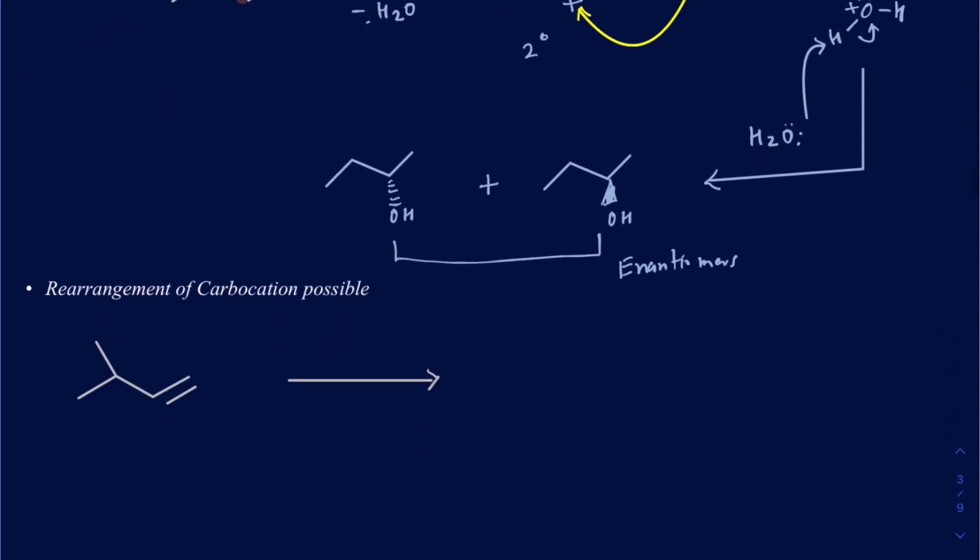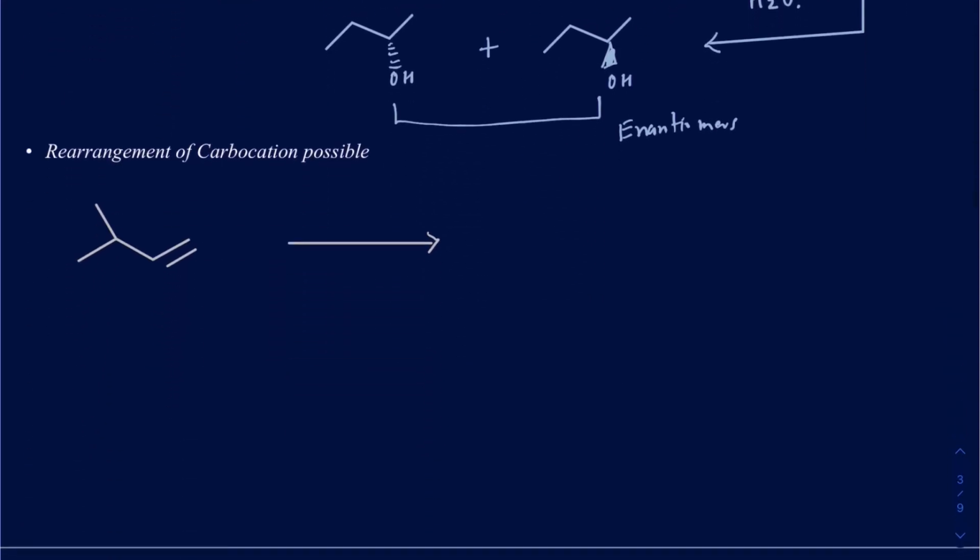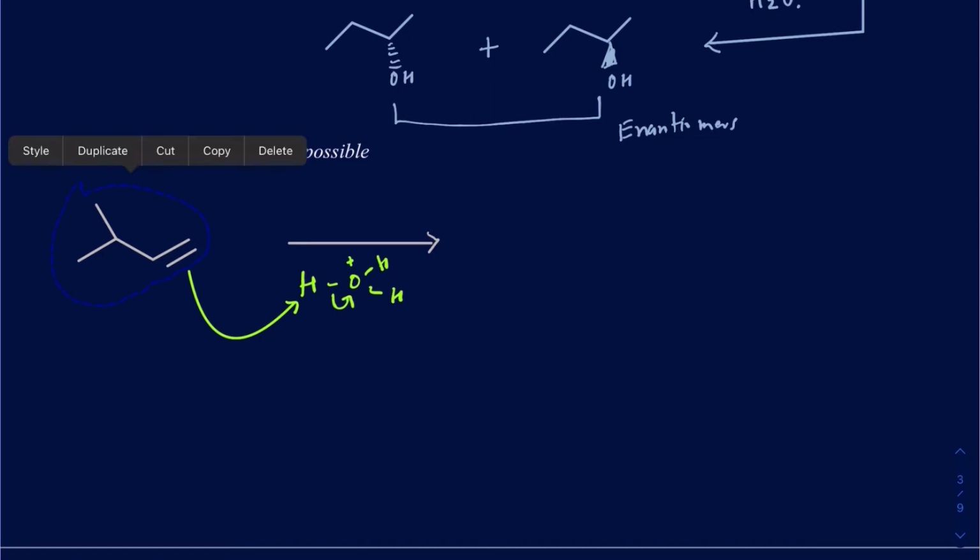So let's look at this particular example here. Suppose I'm running an acid-catalyzed hydration on this particular alkene. If I quickly run the mechanism, this is going to be attacking this proton here, and that's going to be coming out. So one of your intermediates, rather.